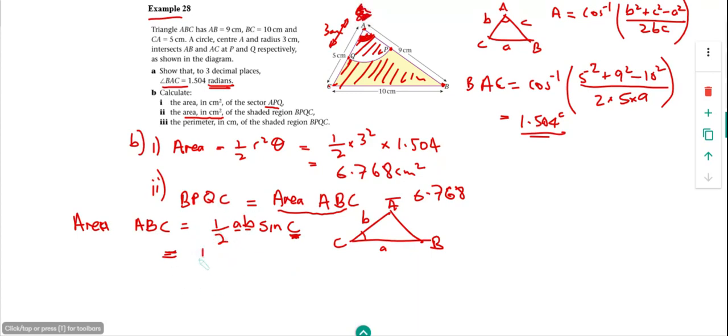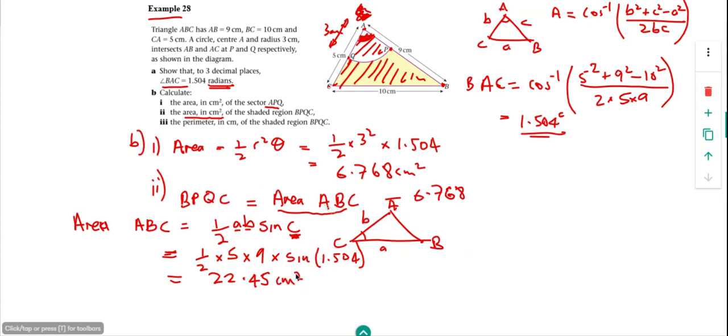So what we end up with is half the A there, in our case, is 5 times the 9 times the sine of the angle that we've got there. Well, we've found that already. So we know that's 1.504, and again, making sure we're in radians. If we put all that in the calculator, what we should get for that is 22.45 centimetres squared.